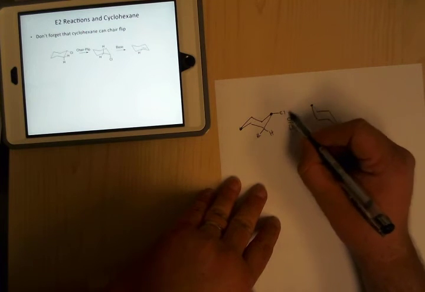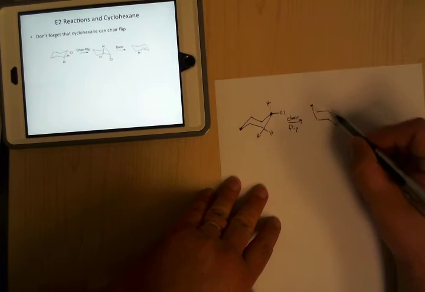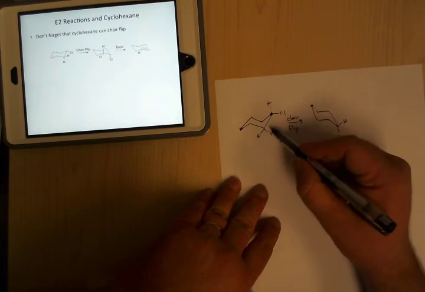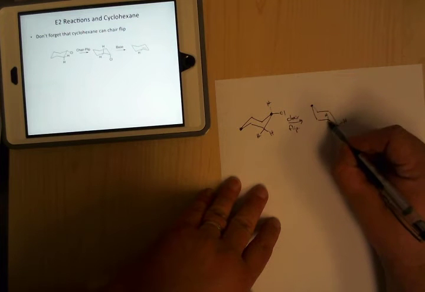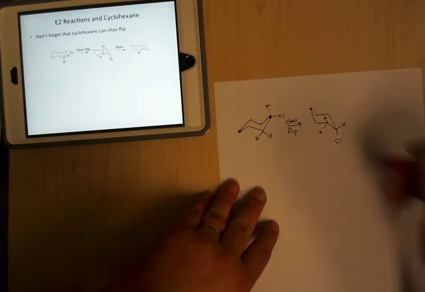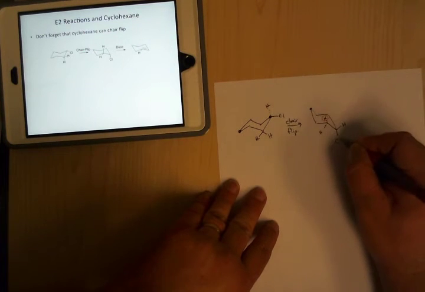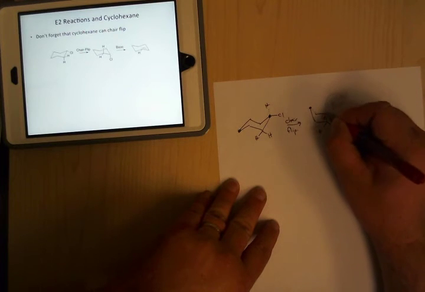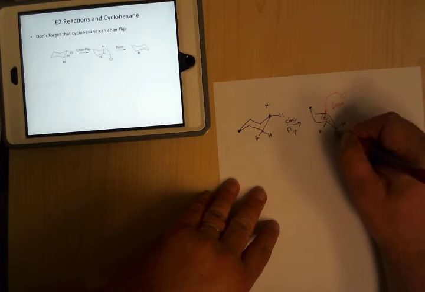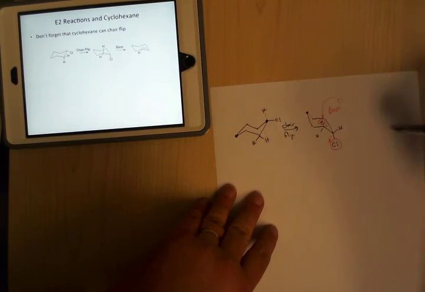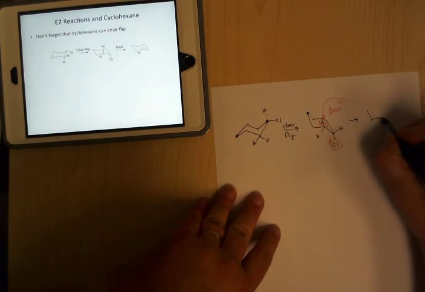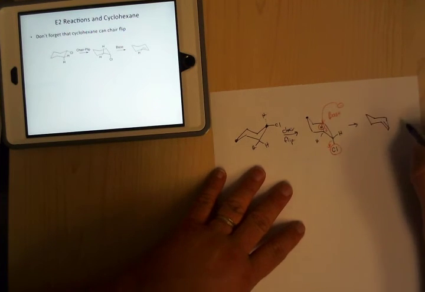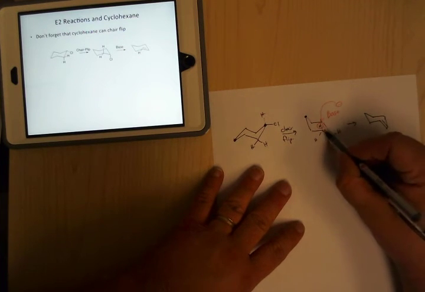This is equatorial, because that's axial. So now this becomes equatorial, this becomes axial. Now these hydrogens here, that ends up being this one here, which is axial. That ends up getting reacted by the base. Collapse down, chlorine leaves. So you end up getting a double bond between there.